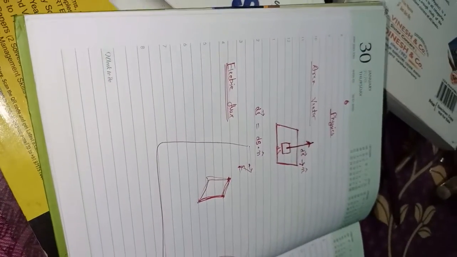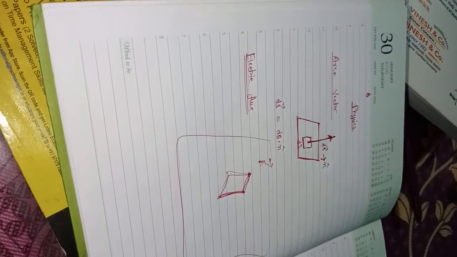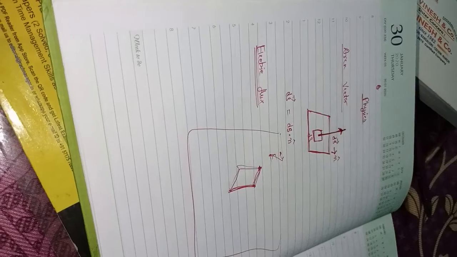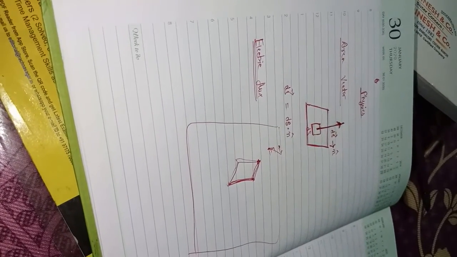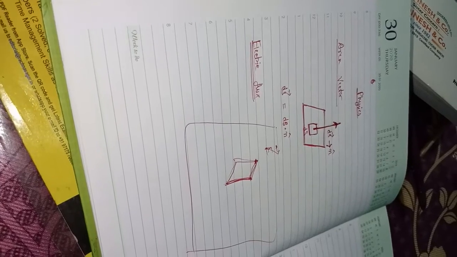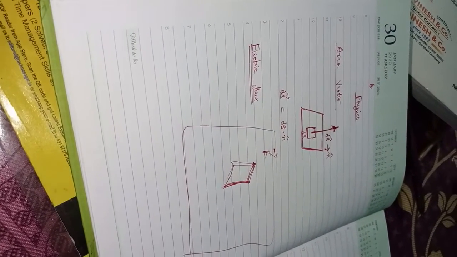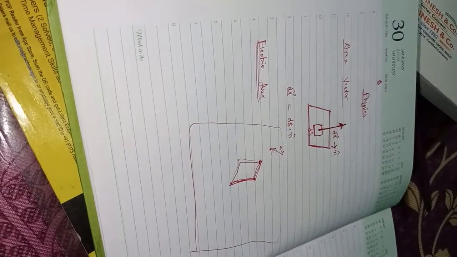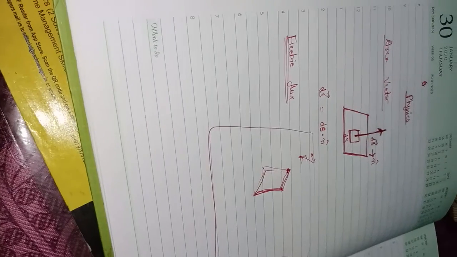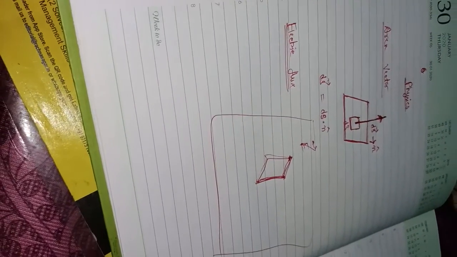So we can say the electric flux through a surface area means the number of electric field lines passing through the surface normally. If 5 electric field lines pass through the surface, then 5 is the electric flux through the surface. If 10 electric field lines pass through the surface normally, then 10 will be the electric flux.